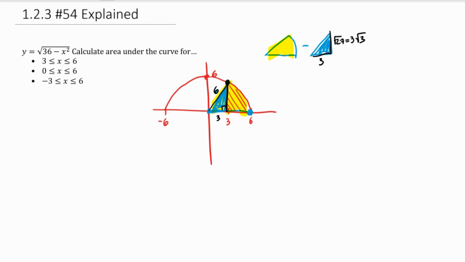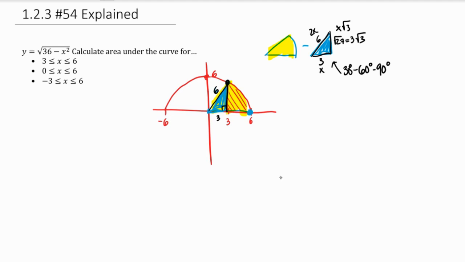So I have a base of 3, I have a height of 3 root 3, and what you should realize, because the hypotenuse is 2 times 3, which is 6, is this is a 30-60-90 triangle. Because the base is 3, the height is x. So if I let x be 3, then this is x root 3, and this is 2x.